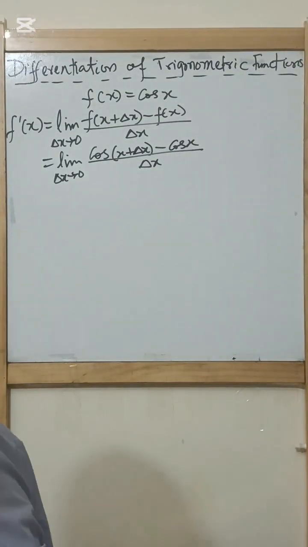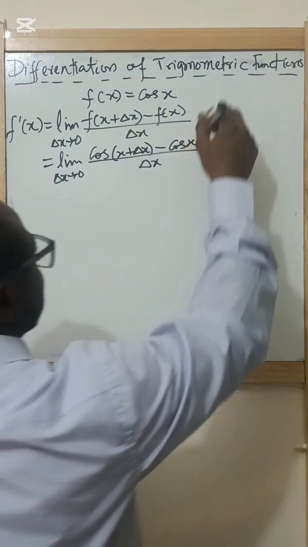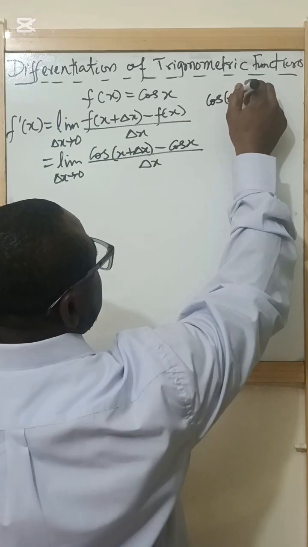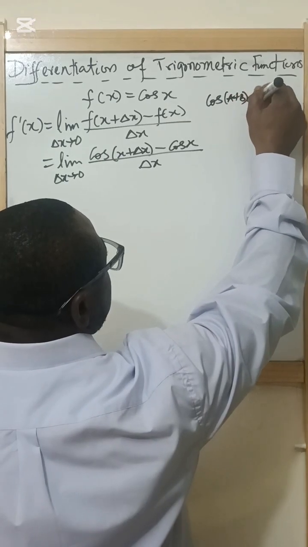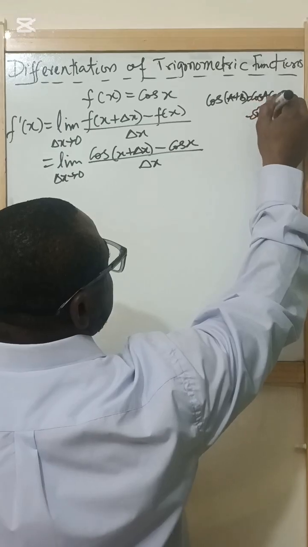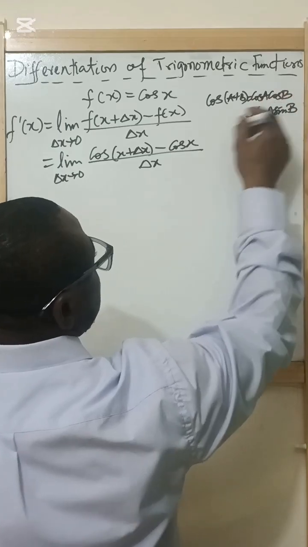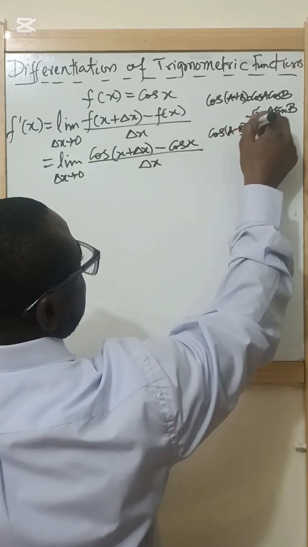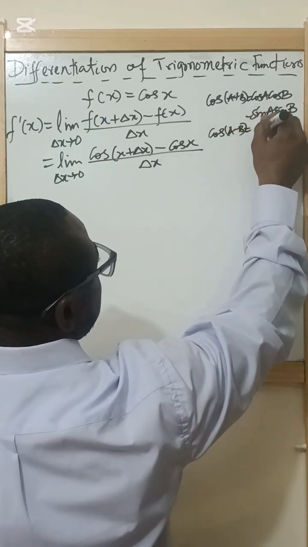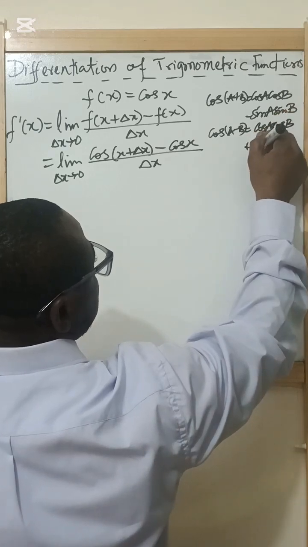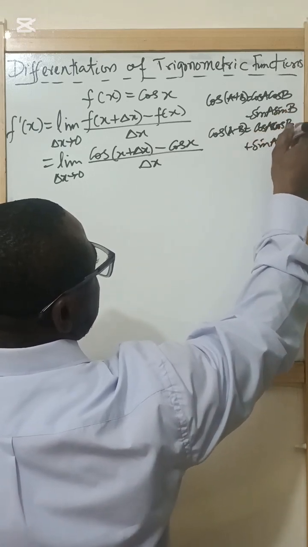So let's just quickly derive the formula for those who don't know. cos(A plus B) is cos A cos B minus sin A sin B. And cos(A minus B) is cos A cos B plus sin A sin B, right?